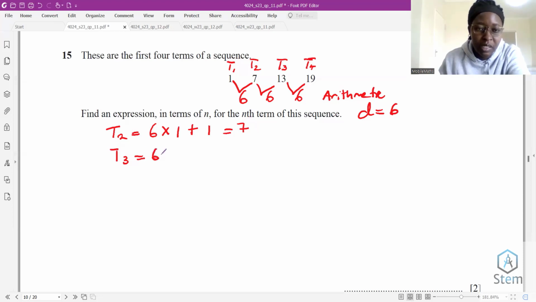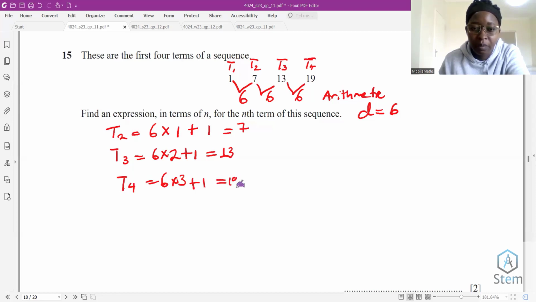Term number 3, we are saying 6 times 2 plus 1, we get 13. Then term number 4, we are saying 6 times 3 plus a 1, we get 19.